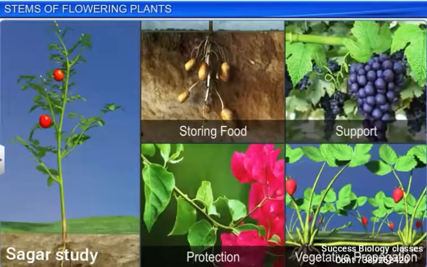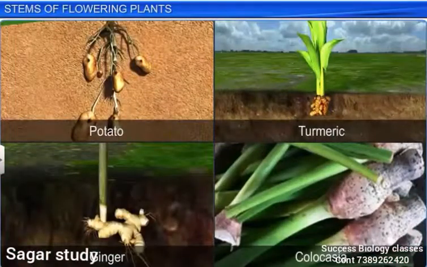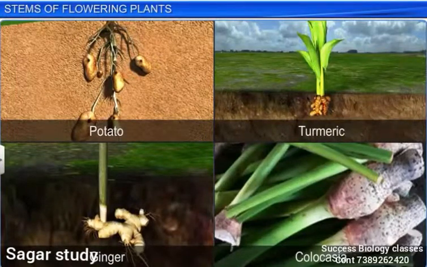Apart from these functions, the stems of many plants get modified to perform functions like storing food, providing support, protection, and aiding vegetative propagation. A modified stem quite often looks different in structure from a normal stem.